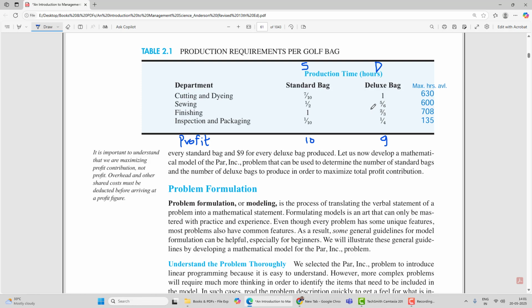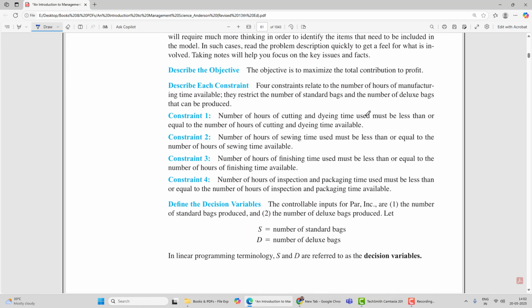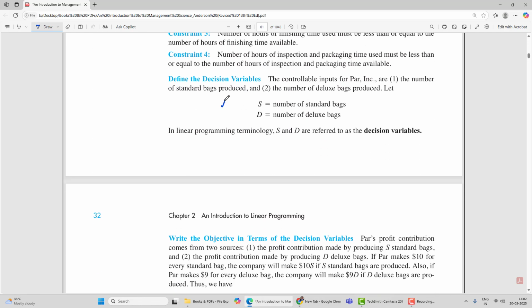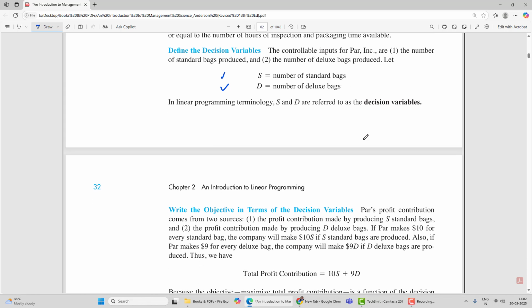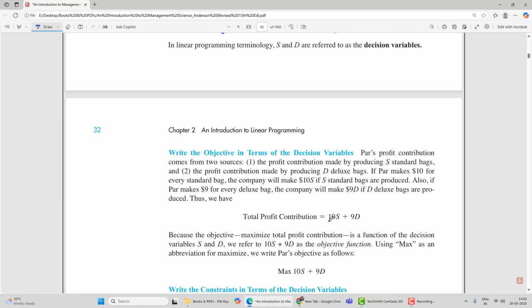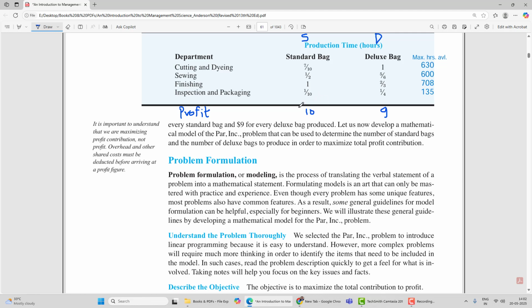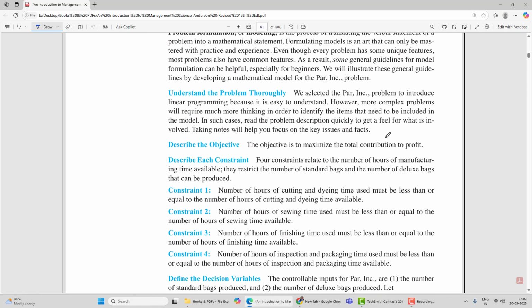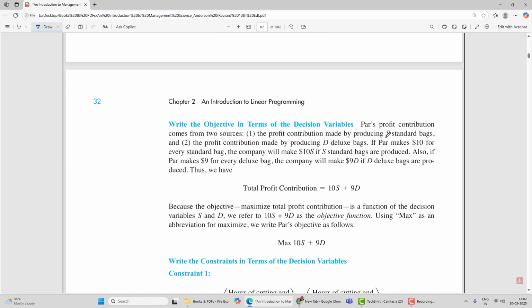That is how I first declare my variables. Obviously my total profit will be 10S plus 9D, based on this last row. 10S plus 9D is my total profit, which I am going to maximize.